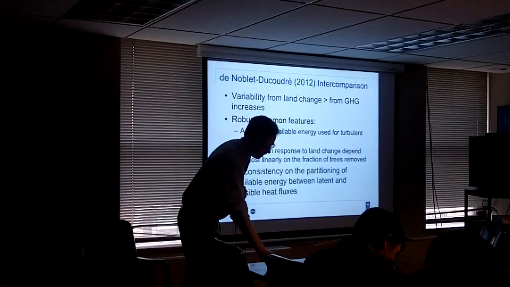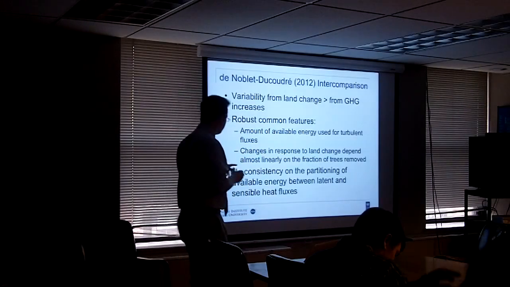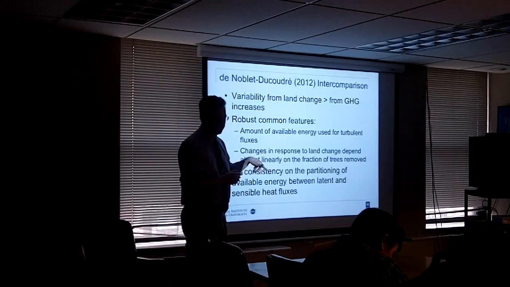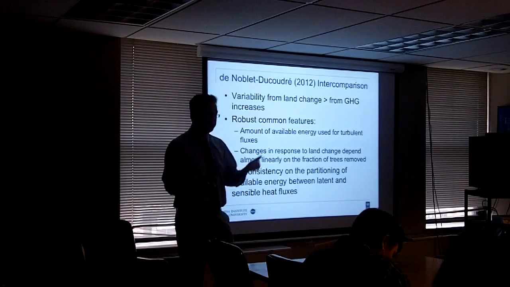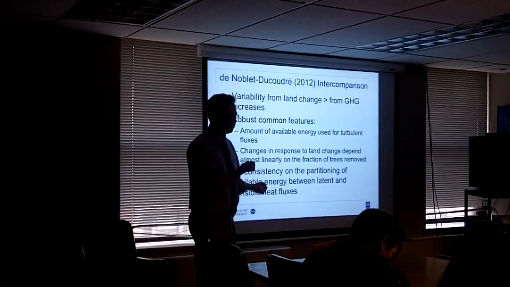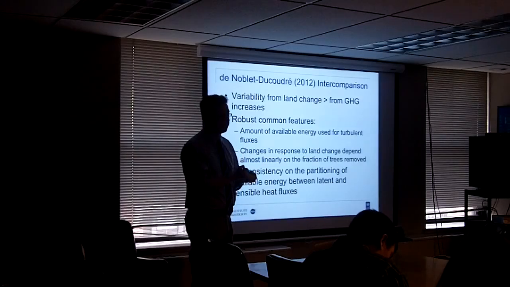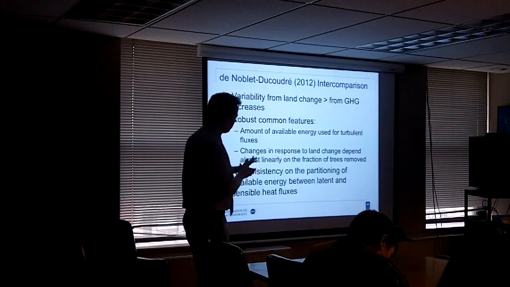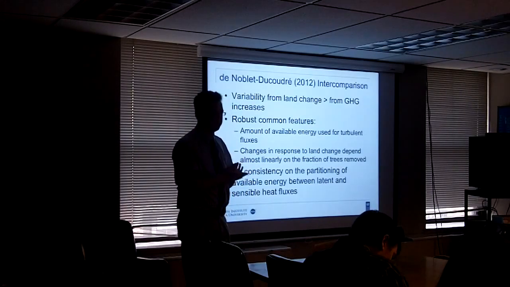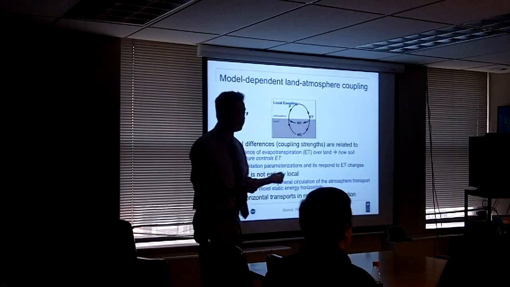But what's most important here is that there was no consistency in the partitioning of available energy between the latent heat and the sensible heat. And that's really key if we're trying to get at temperature and precipitation changes due to land cover change. There wasn't any consistency across the models on these variables. Why is that?